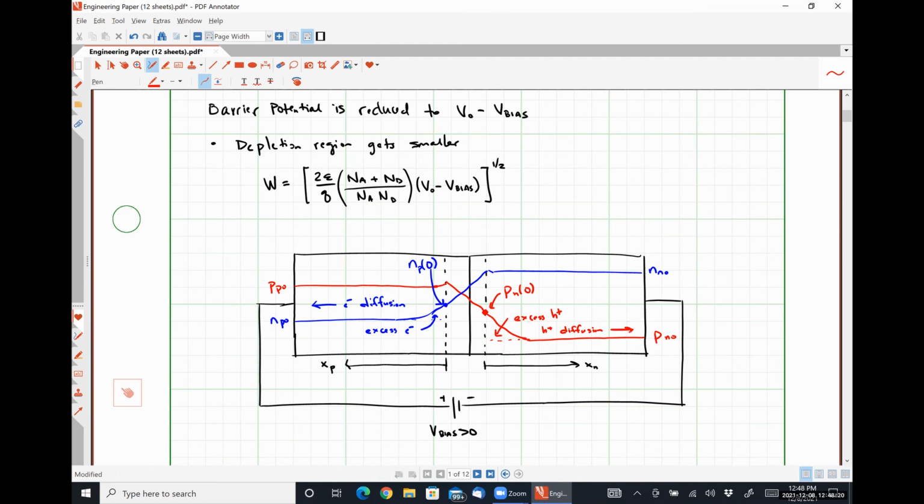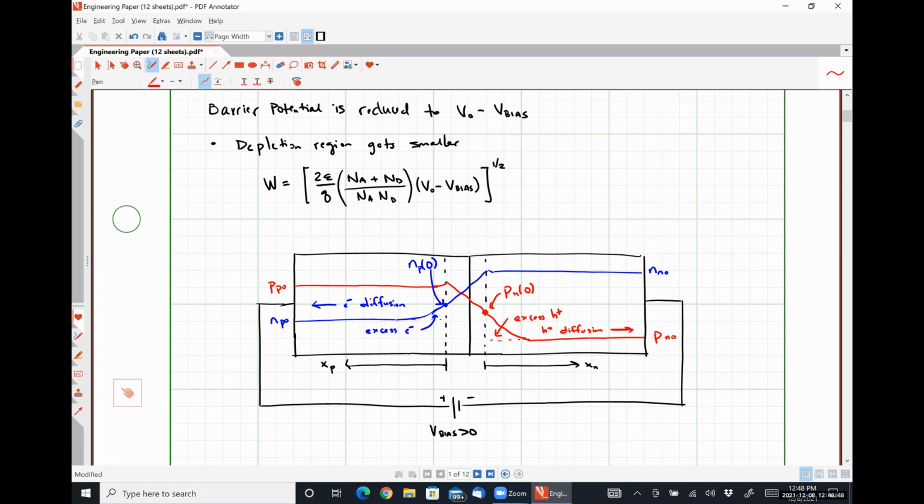This process is called minority carrier injection, okay? Because excess minority carriers have been injected into the N region. So excess minority holes have been injected into the N region. Excess minority electrons have been injected into the P region.